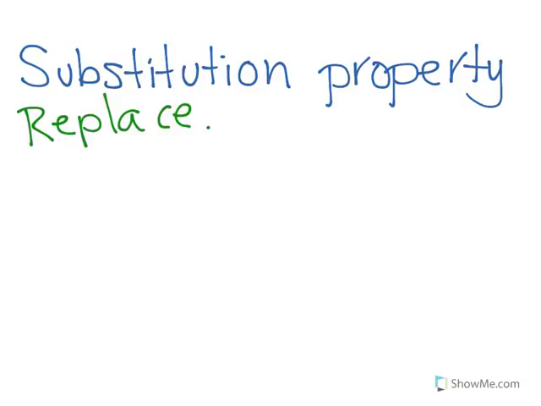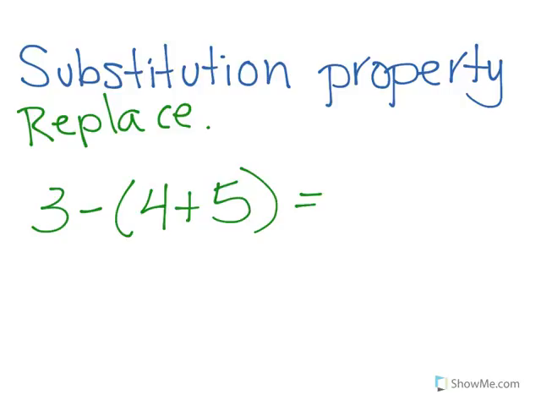So, for example, we can see it like this. What does it equal to? We can substitute 4 plus 5 with a 9 because we know that 4 plus 5 is equal to 9.